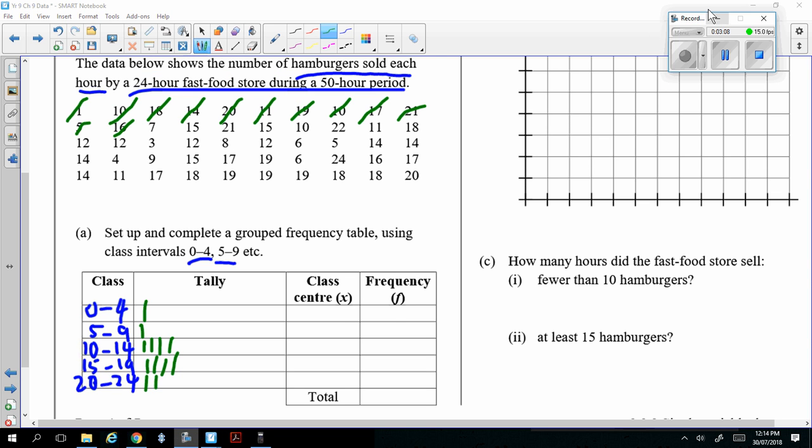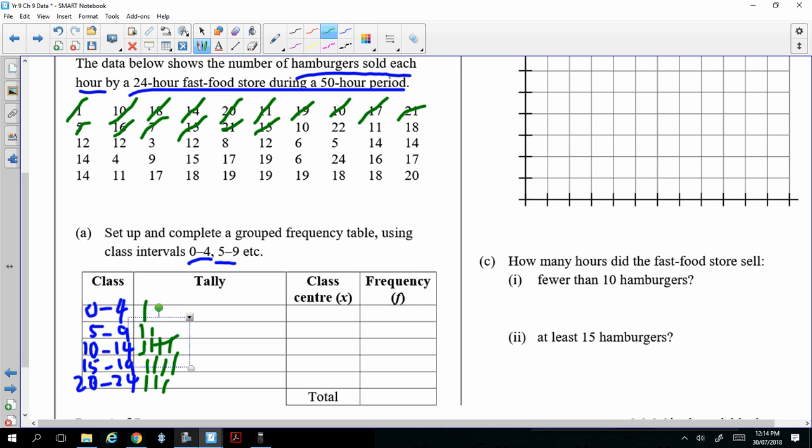Okay, continuing. 7, 15. 21. Okay. All right.